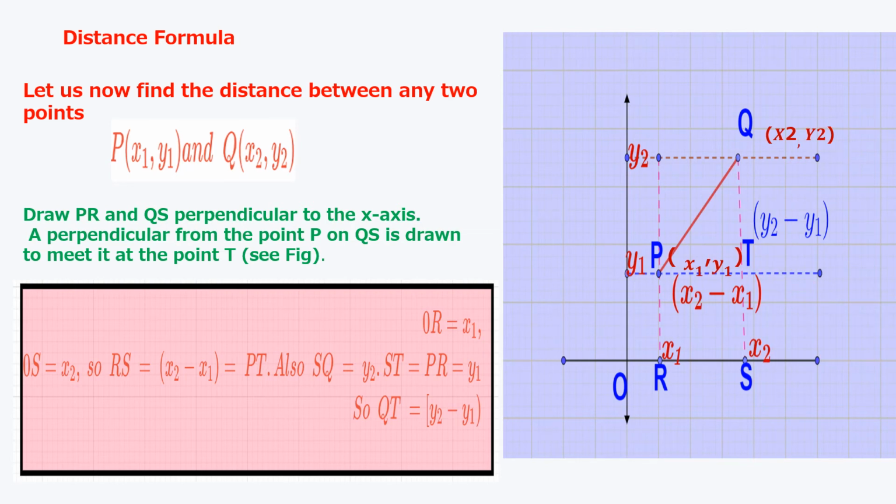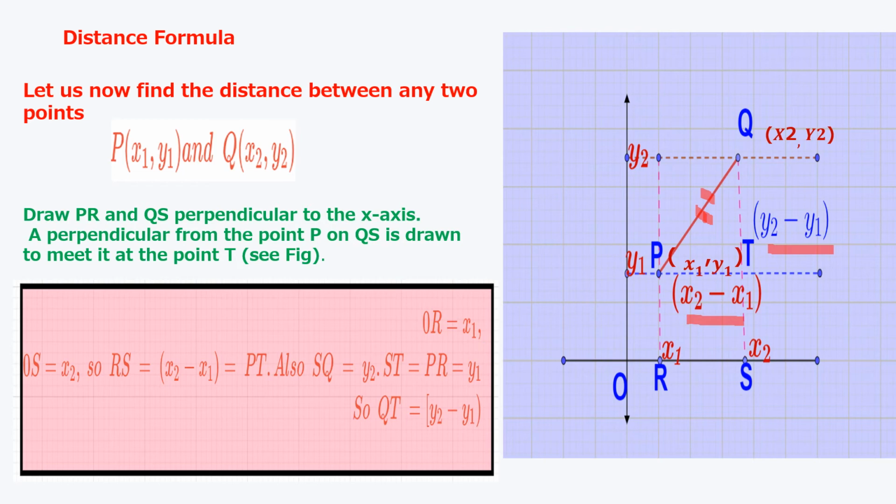Now, once you have arrived at the lengths of PT and QT, you can apply the Pythagoras theorem. What is the length PT? It is x2 minus x1, which is the horizontal distance from P to T. And what is QT? It is the vertical distance y2 minus y1. Now we want to find the distance PQ. Apply the Pythagoras theorem, which I'll show you in the next slide.